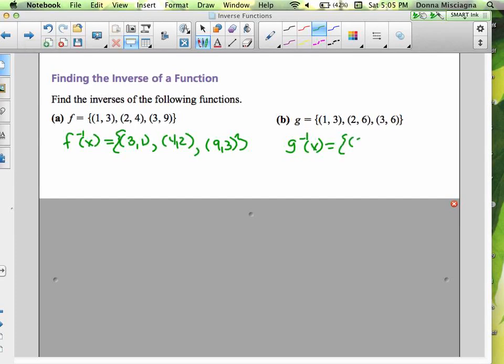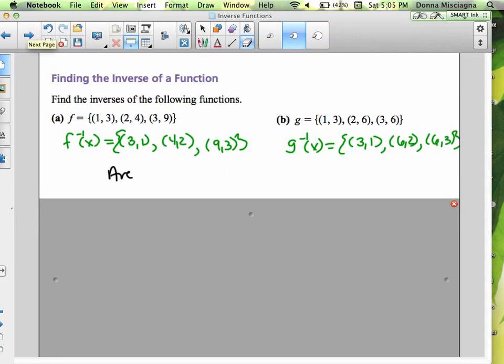So now I've got (3, 1), (6, 2), and (6, 3). And now my question to you is, are the inverses functions?